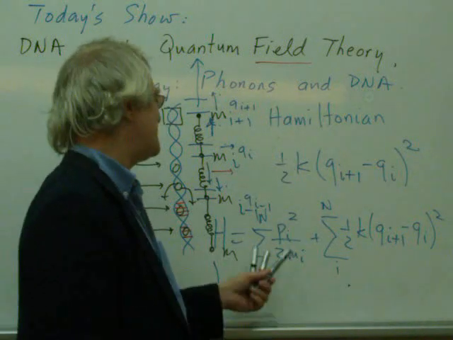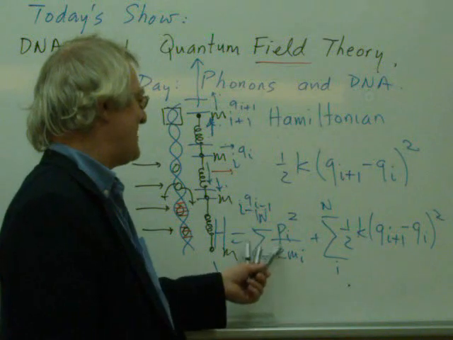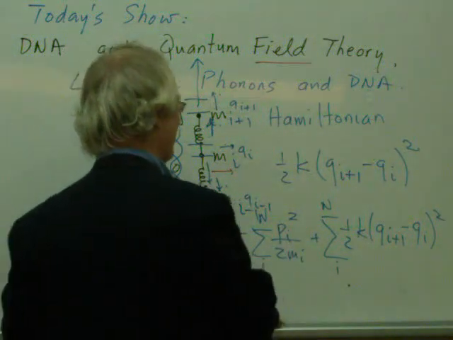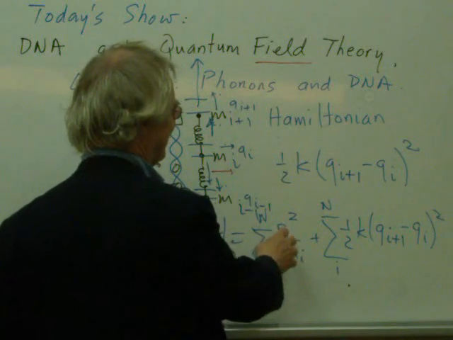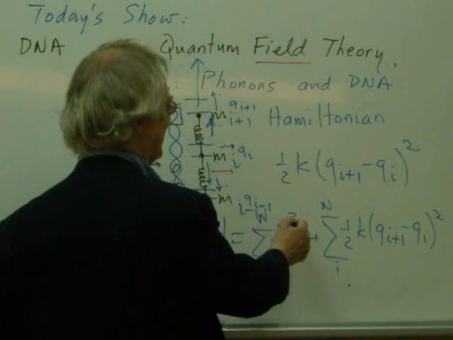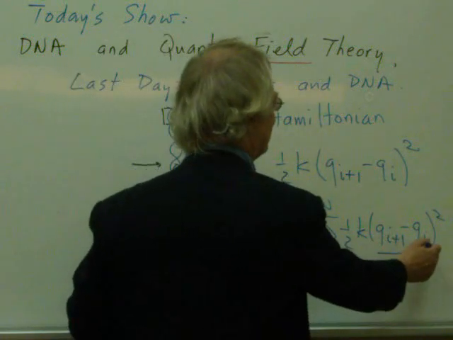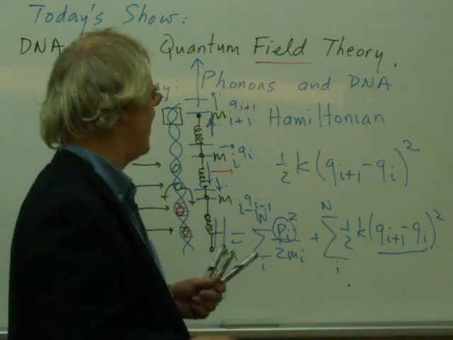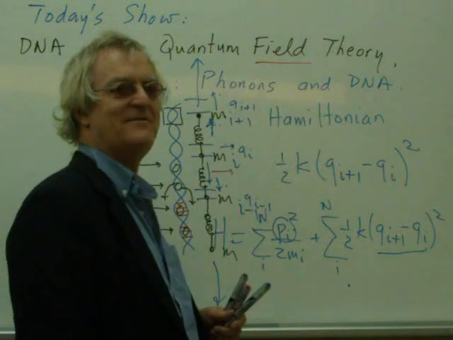This Hamiltonian is not a quantum Hamiltonian, but I can make it into a quantum Hamiltonian by fixing it up a bit. I can fix up the momentum, and I can fix up the displacement, so that I can develop a quantum field theory in the future.